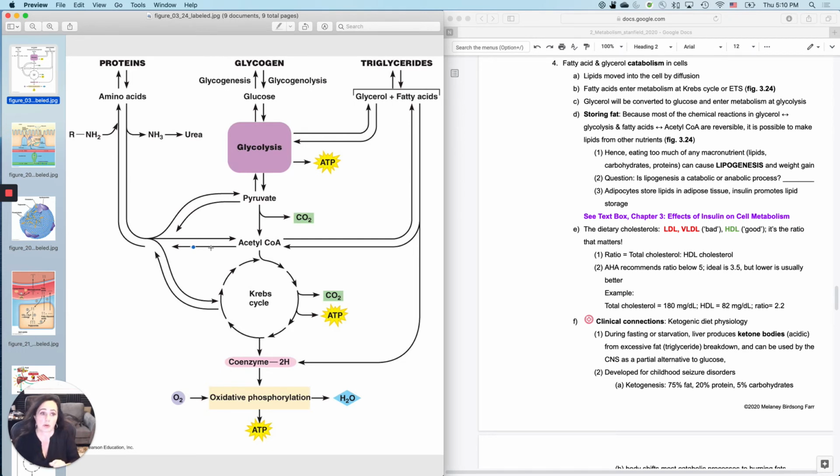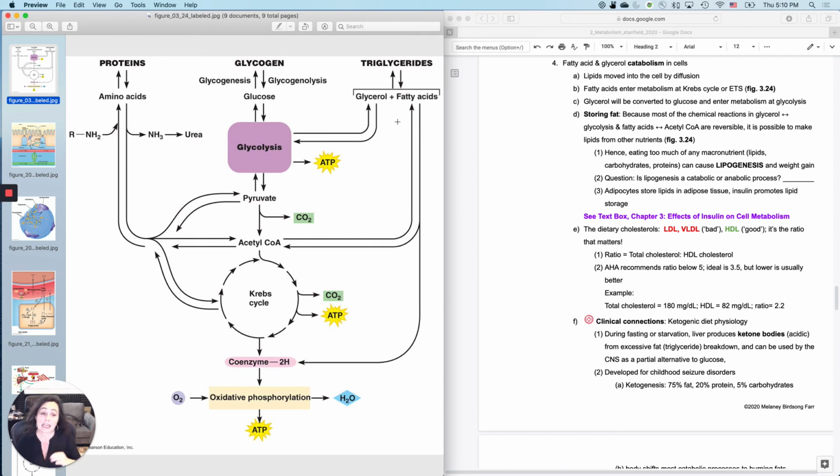Because most of the chemical reactions from glycerol to glycolysis, fatty acids to acetyl-CoA, are reversible, it is possible to eat too much fat and end up storing fat. It is possible to eat too much protein and end up storing fat, and it's possible to eat too much sugar and end up storing fat. So fat is one of your primary long-term storage mechanisms, and if you eat enough of any macronutrient, you can make it into triglycerides and store them that way.